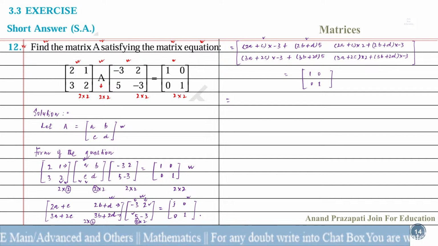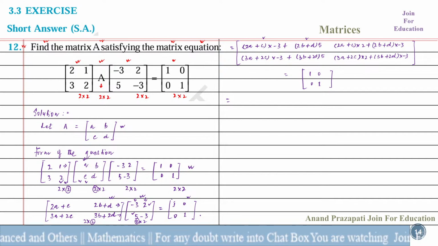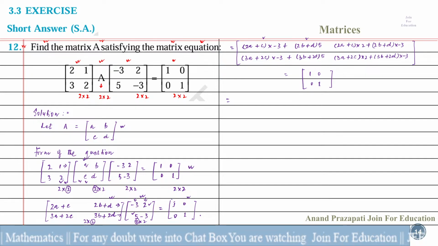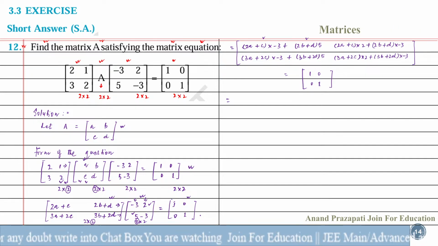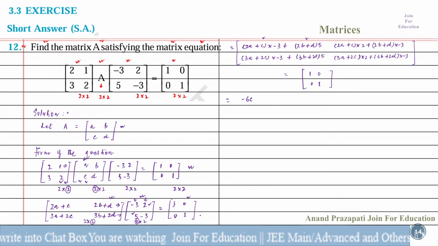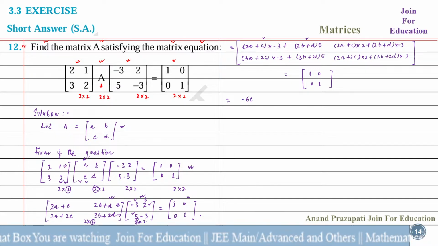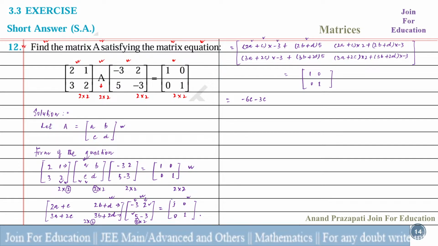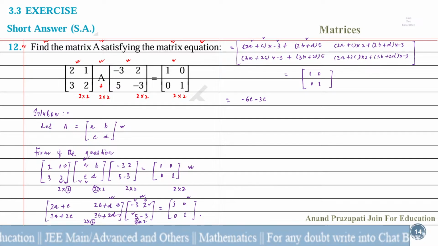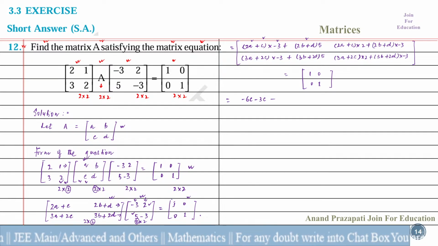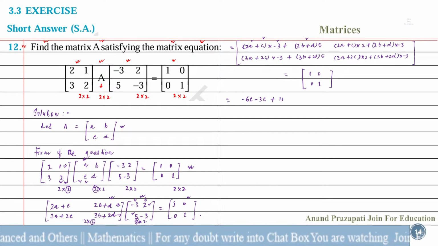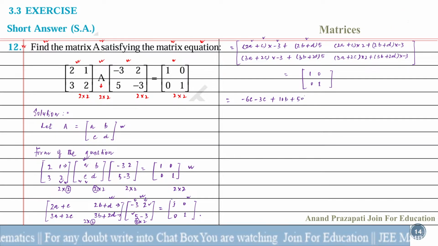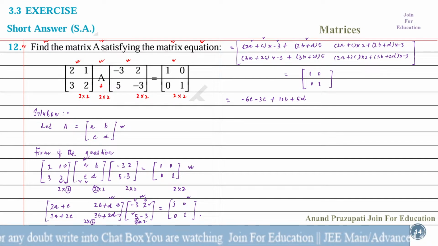So next step here will be, let's see, I am going to write directly, this one will be minus 6a, minus 3c, when this one multiplied by this one, and we write down plus 10b plus 5d. After there is no problem to understand up to this step.